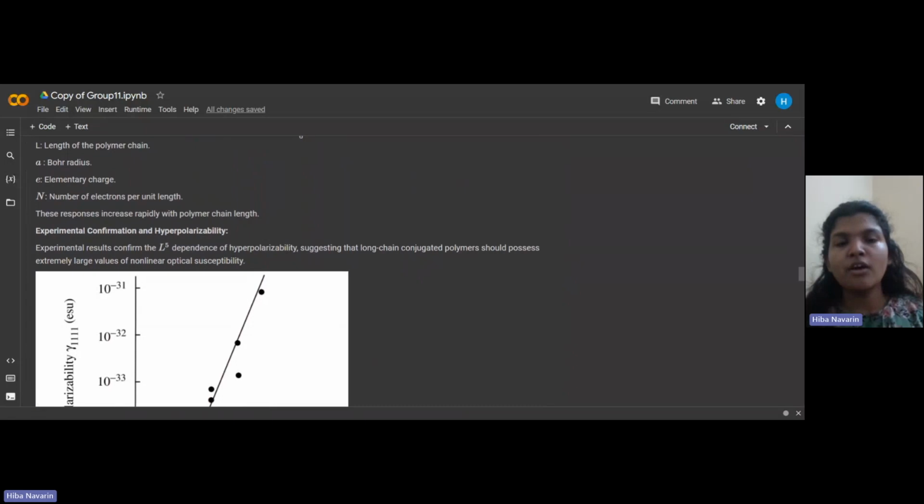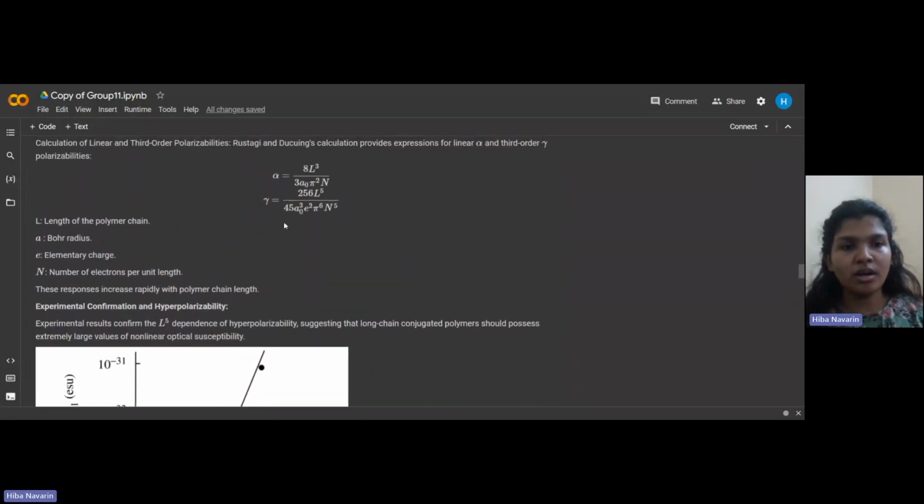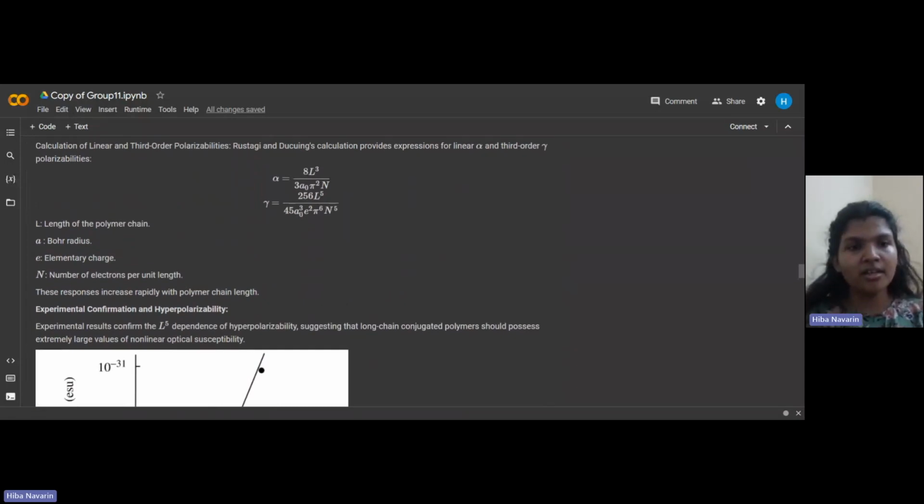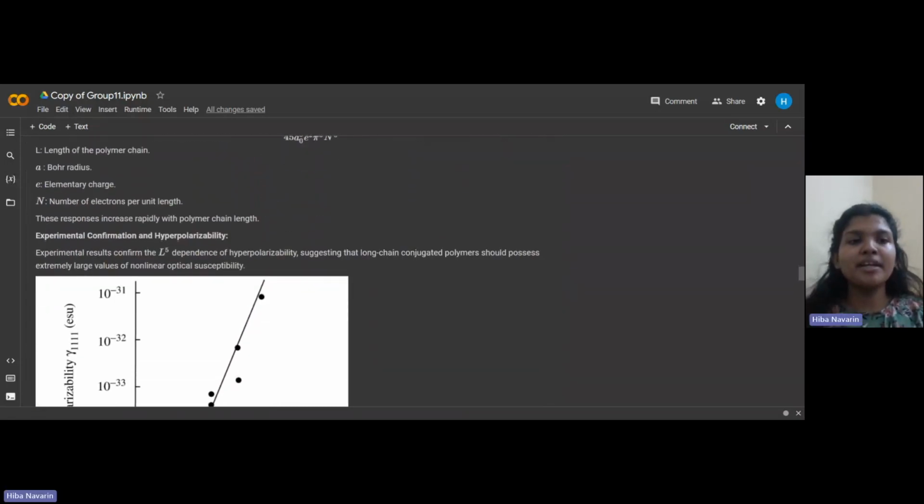And now we will try to show this in experiment. Experimental results confirm this, that the hyperpolarizability depends on the fifth power of the length of the polymer chain.